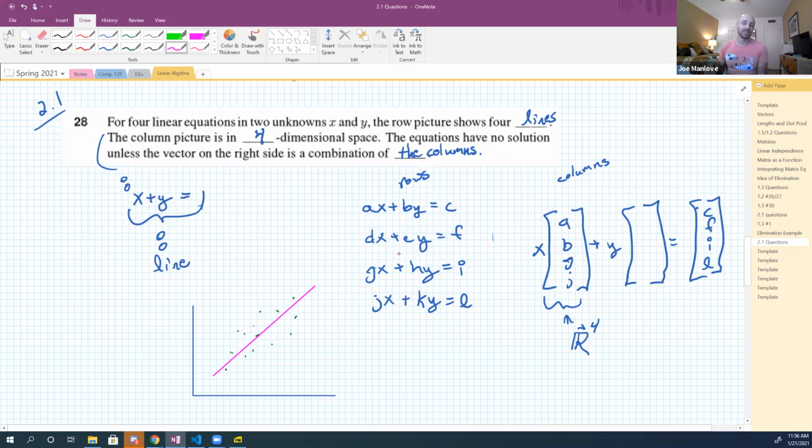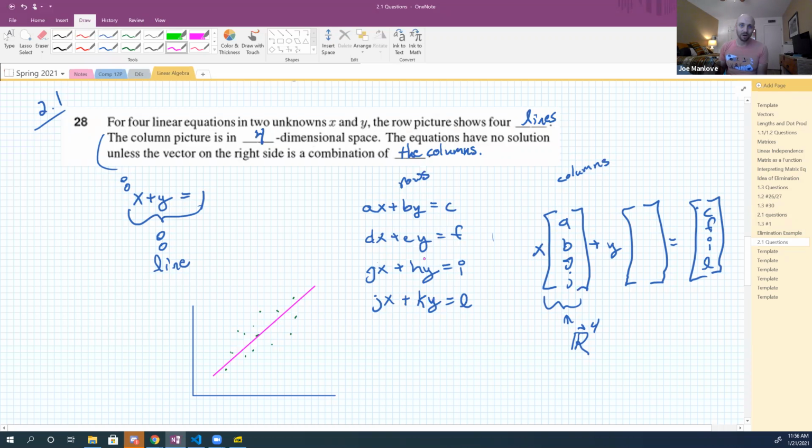The other thing in this example that you're probably tripping over is that in the row picture, the odds of this having a solution are really, really low, right? Like if I just assigned my A through L at random, this ain't gonna work, right?